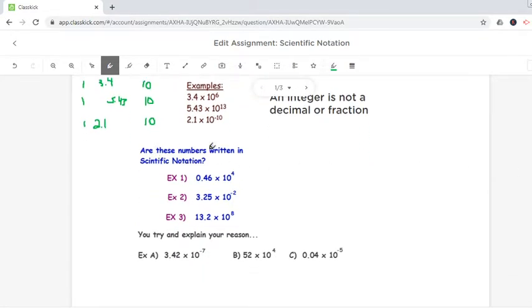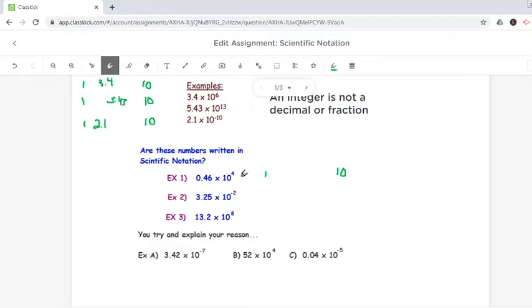So, are these numbers written in scientific notation? Okay, so this says 0.46 times 10 to the fourth. 0.46. So we'll do 1 to 10. 0.46 is not between 1 and 10.